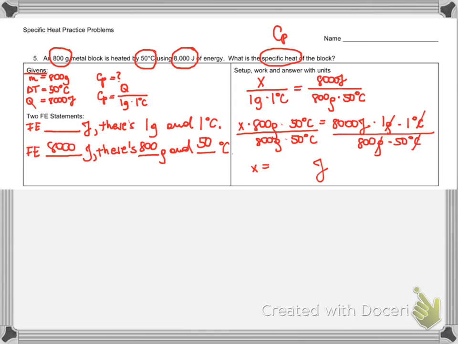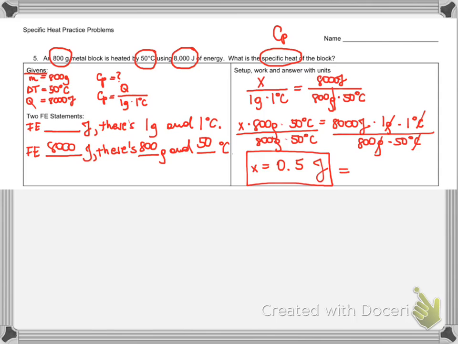And I'm going to go ahead and do 8,000 divided by 800. It's going to be 10 divided by 50, so that will give me 0.5 joules of energy. And this is my final answer. Well, actually not really, because the problem was asking us for the specific heat of the block.